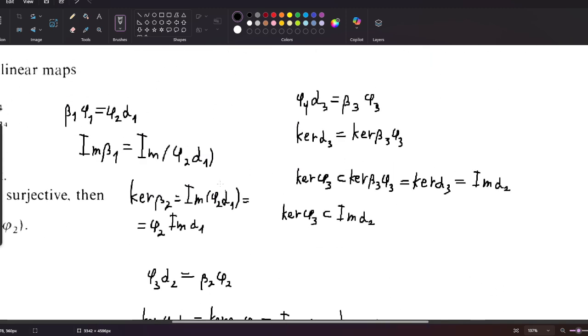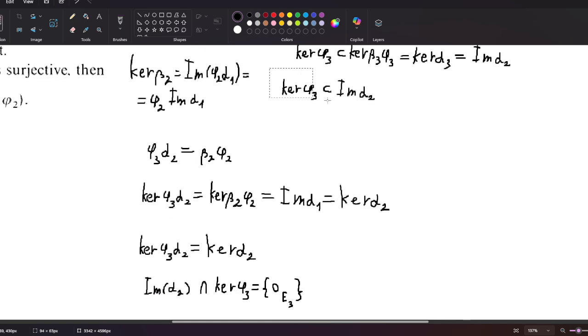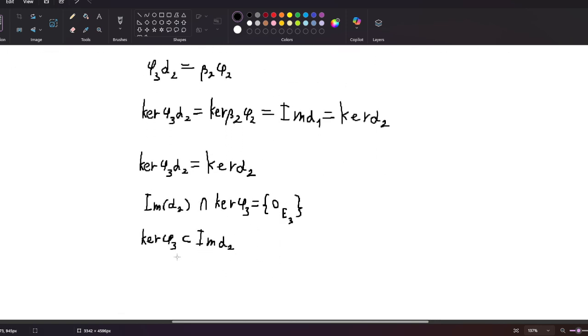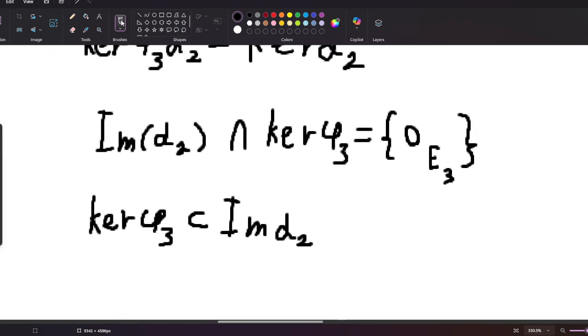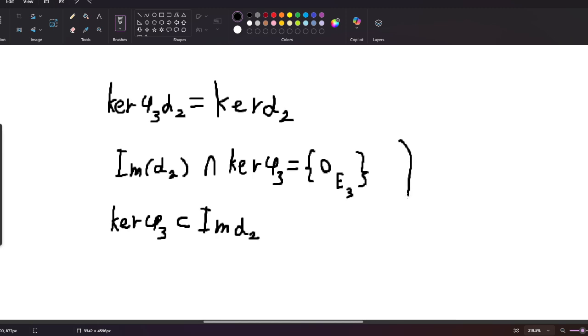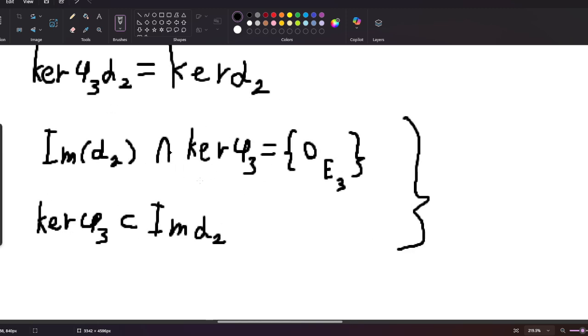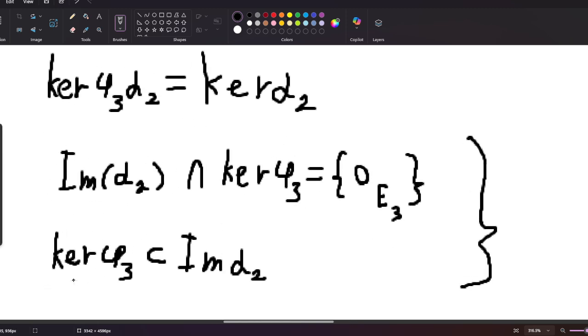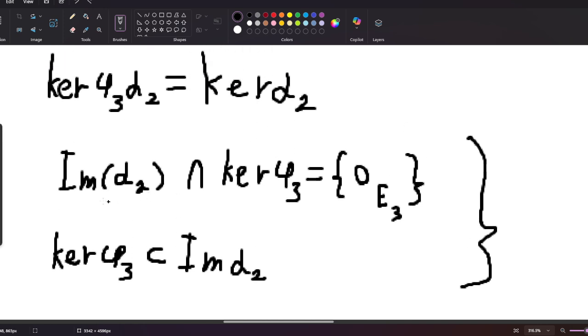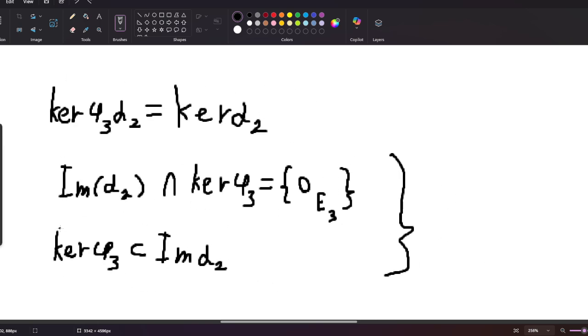Now, if we go back a little, we made this conclusion earlier: the kernel of phi 3 is a subset of the image of alpha 2. And now together with this, since the kernel of phi 3 is a subset of the image of alpha 2, the kernel of phi 3 is also the intersection of the kernel of phi 3 with the image of alpha 2.